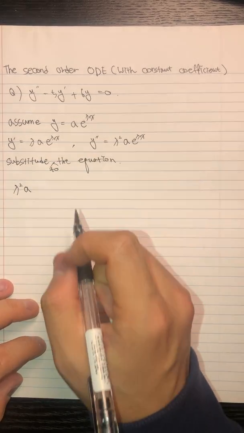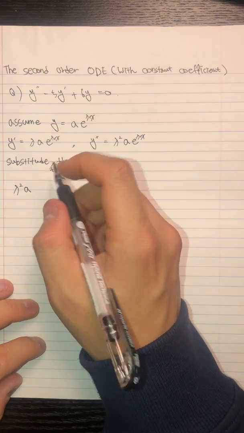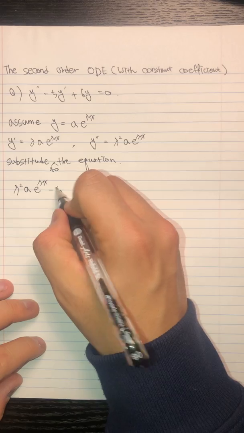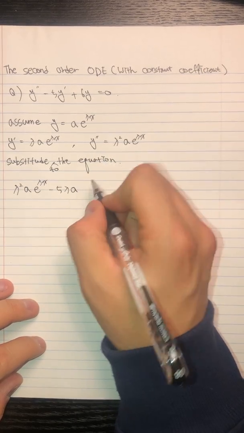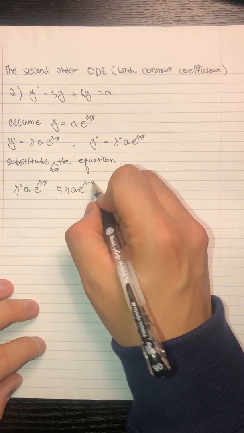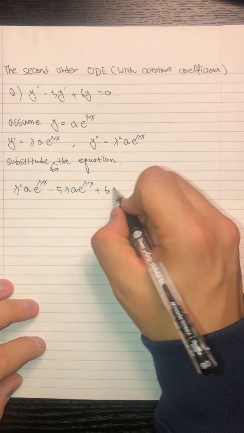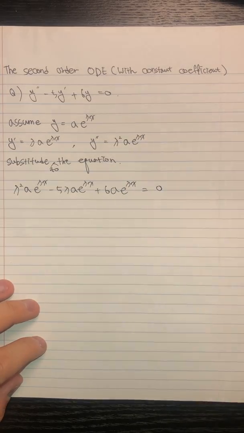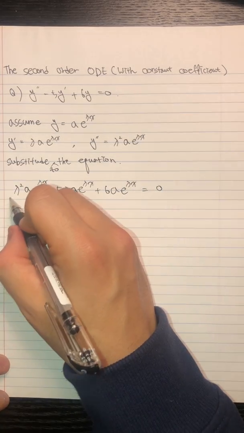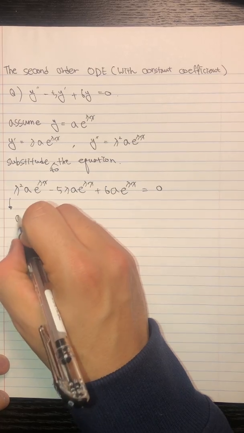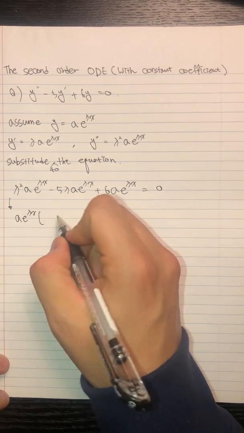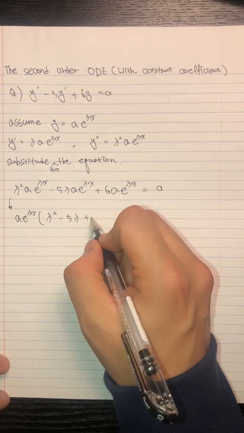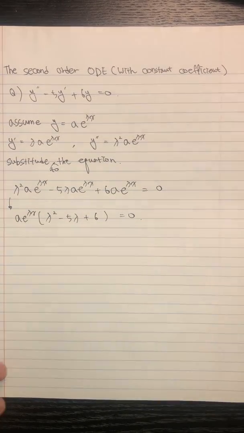Equation means lambda square a exponential lambda x minus 5 lambda a exponential lambda x and plus 6a exponential lambda x equal to 0. Right, so we can rewrite a exponential lambda x times lambda square minus 5 lambda plus 6 equal to 0, right?